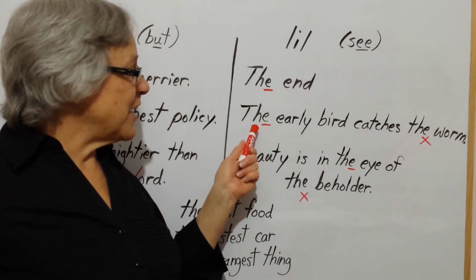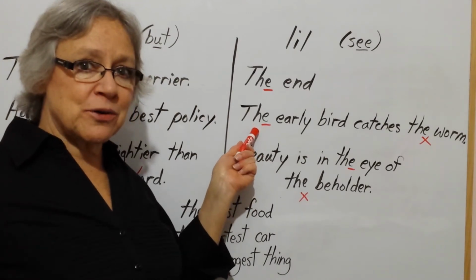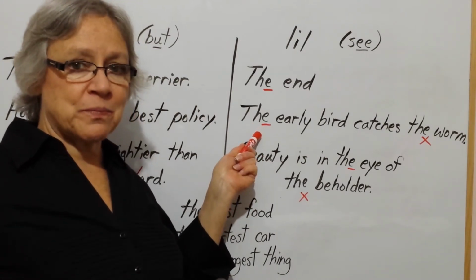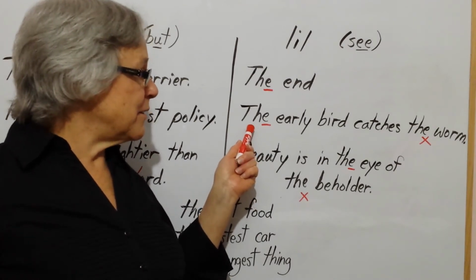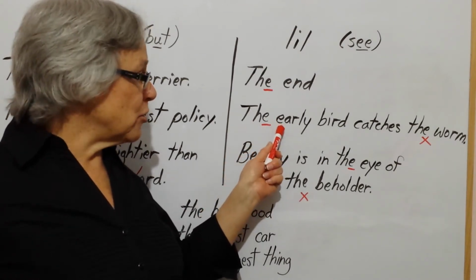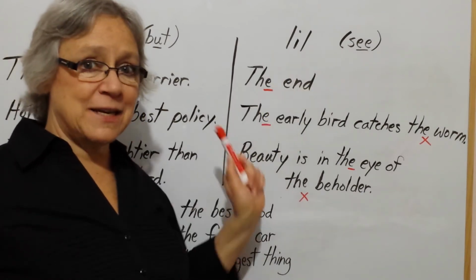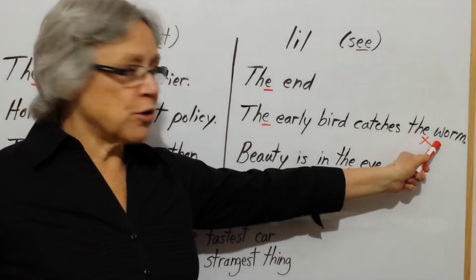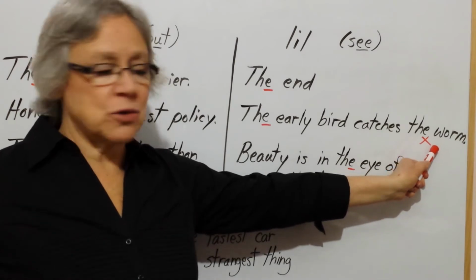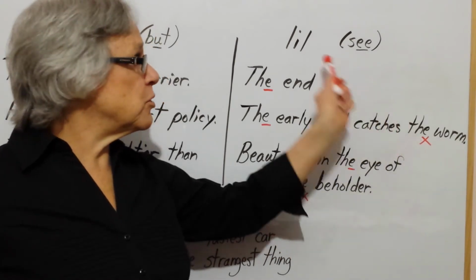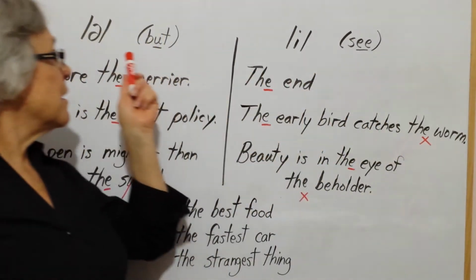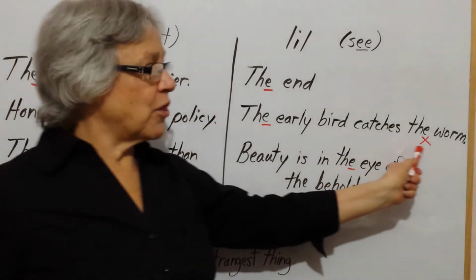Here I have the early bird catches the worm. Early begins with a vowel sound, so I'm using this with an E pronunciation. Worm begins with a consonant sound, so I don't use E, instead I use the worm.